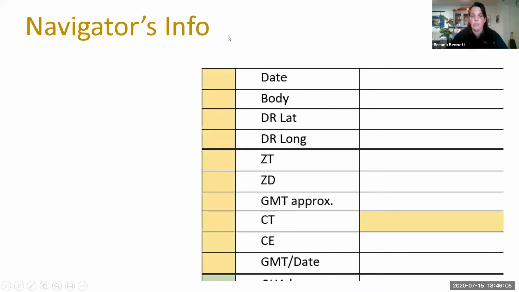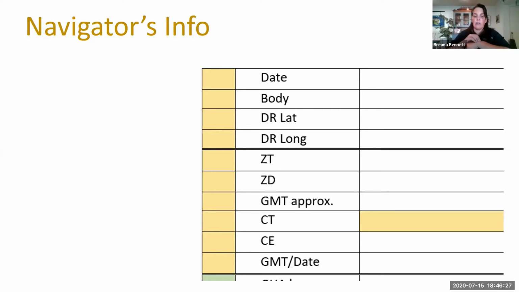Navigator's info. What's the date? What body are you observing? What's your DR lat and long? Zone time, zone description, approximate GMT, and then what was the actual time? I have CT, and that means chronometer time, but what was the time when you saw the sun at that angle or saw the star at that angle?